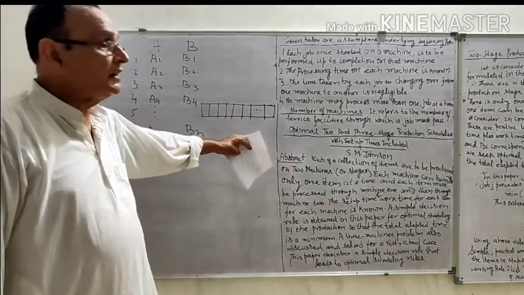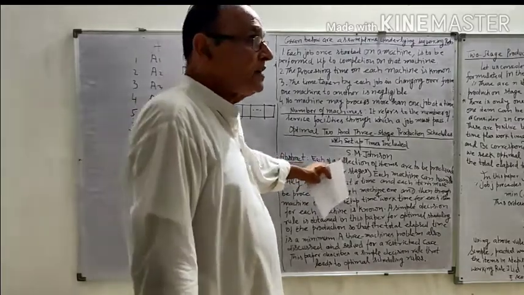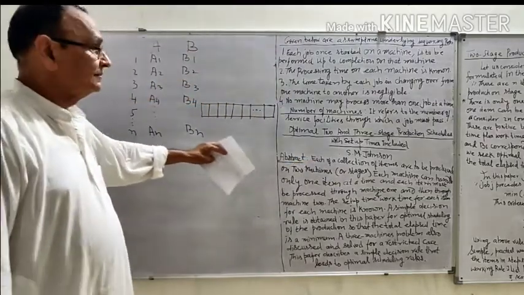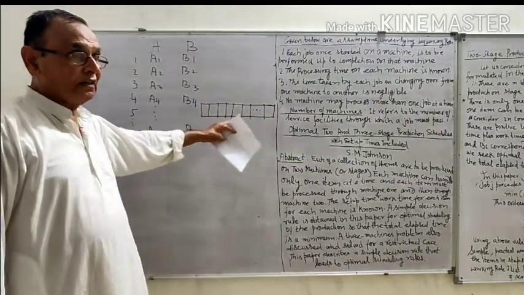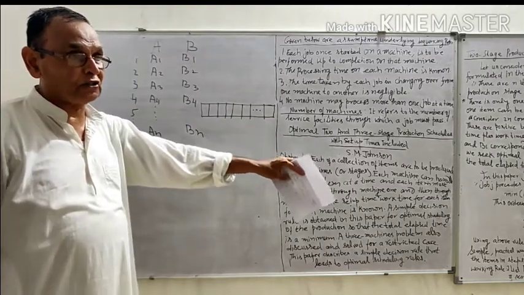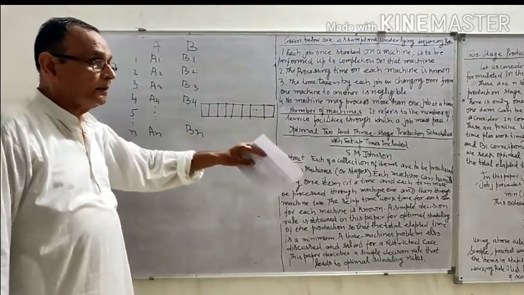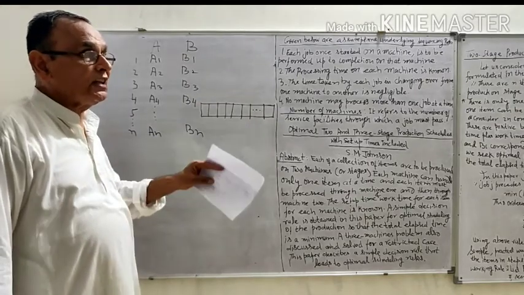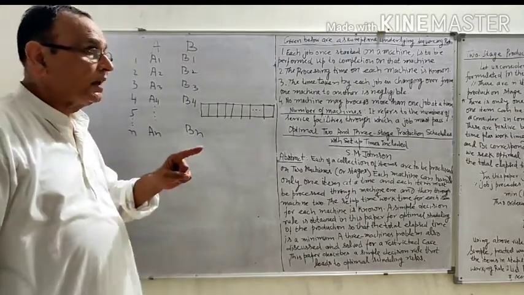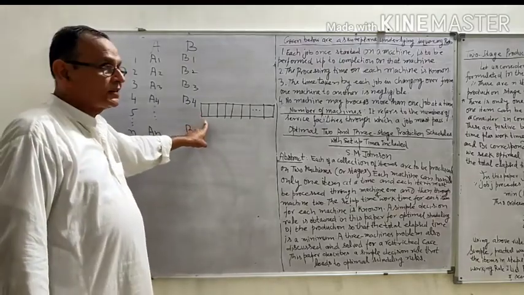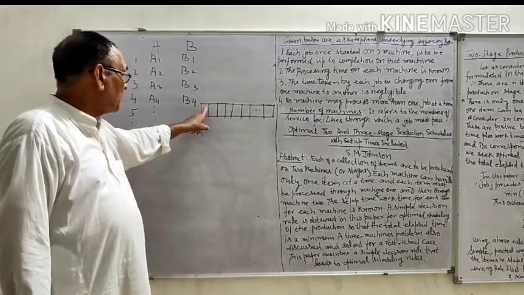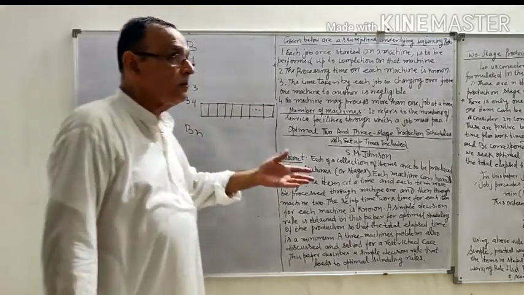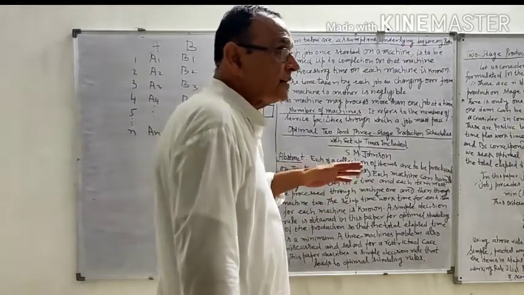So therefore, in this rule, work starts from both the ends toward the middle. So we find the minimum of all processing times, and then we check whether it is for machine A. If it is for machine A, do that job first and fill the job number over here. And if it is for machine B, then fill that job number at the end.